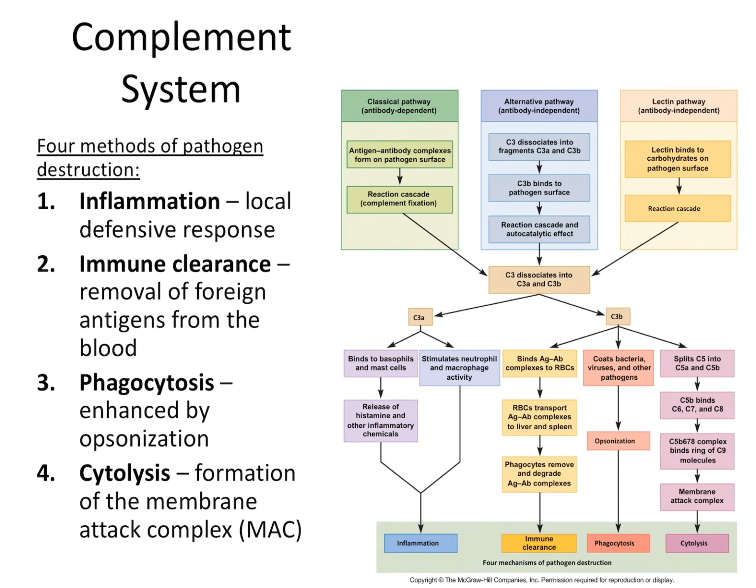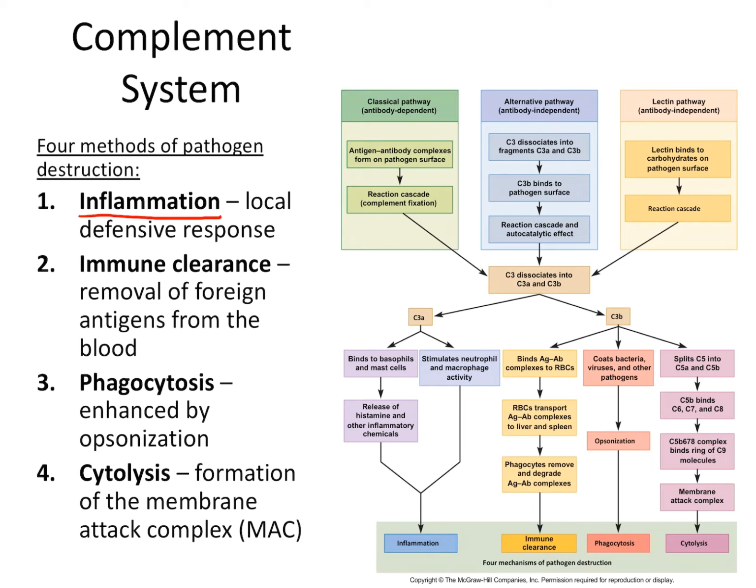Once the complement system is activated, you're going to see that it has 4 major effects, all of which are going to contribute to the immune response. So the first of these is inflammation. Now, we're going to come back to this and talk about it in detail, but ultimately inflammation is going to be this local defensive response to any sort of tissue damage.